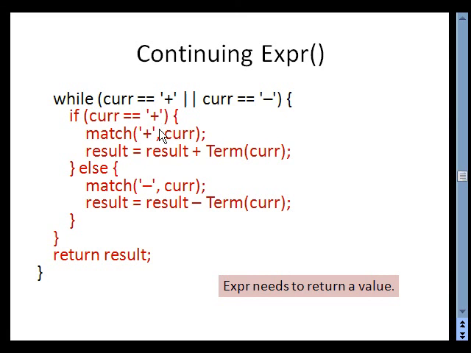If it's a splat, you're going to match the splat, and then when you call factor, you're going to multiply result times the value that factor gives you. Down here, you're going to be matching the slash, and then you're going to be dividing result by the value that factor gives you back. And at the very end of term, you're going to be returning the result.